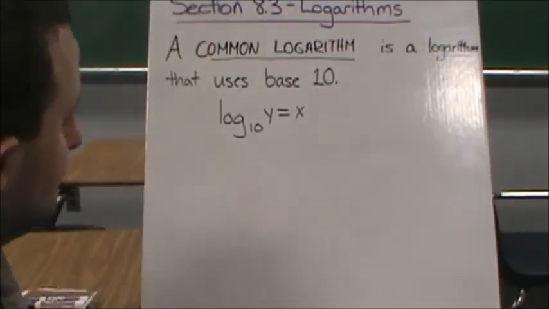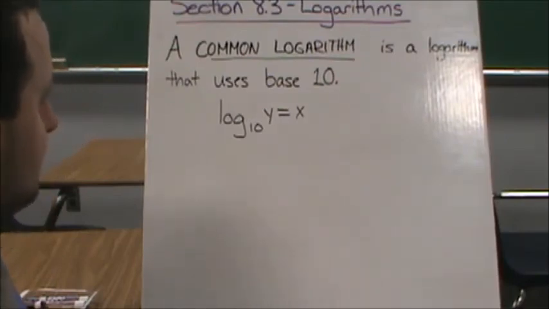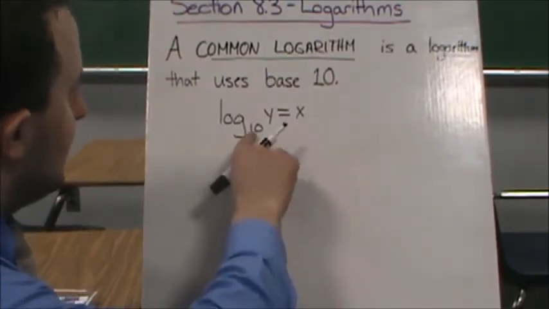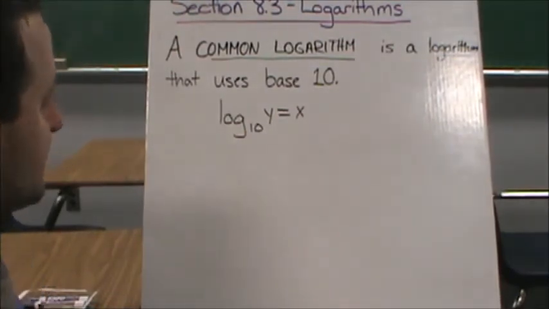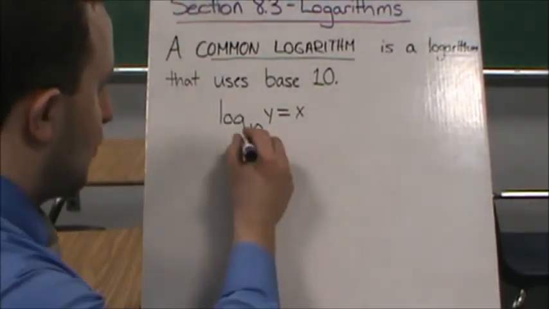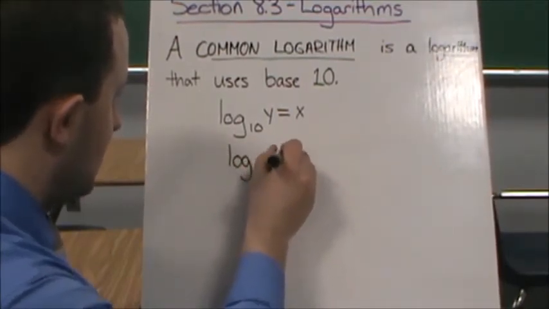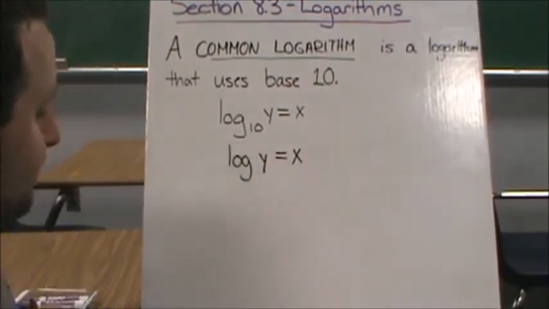But just to make life a little bit simpler, we sometimes omit the 10 as the base when we're using common logarithms, and we'll rewrite it simply as log of y equals x.